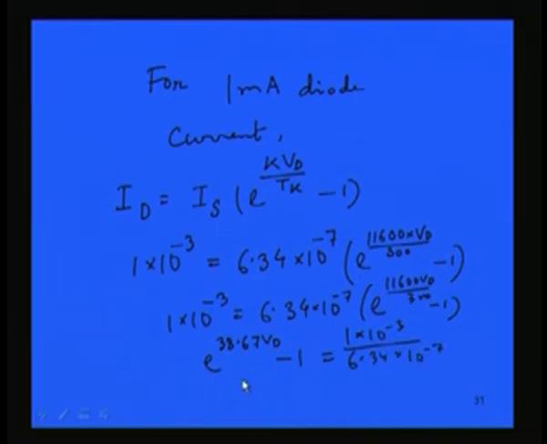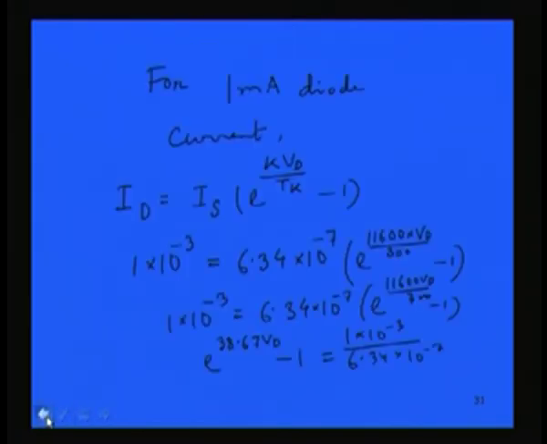Now, this VD we have to find out, so you have to use the natural logarithm for it. e to the power 38.67 VD will be equal to 1 plus 0.1577 into 10 to the power 4.